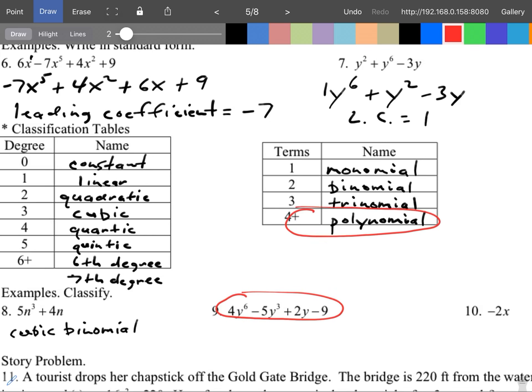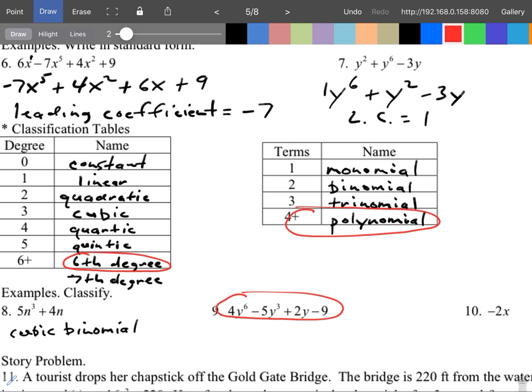And then, what's the degree on that one? I think it's 6. Yeah, good. The highest power term is 6, so it's degree 6.